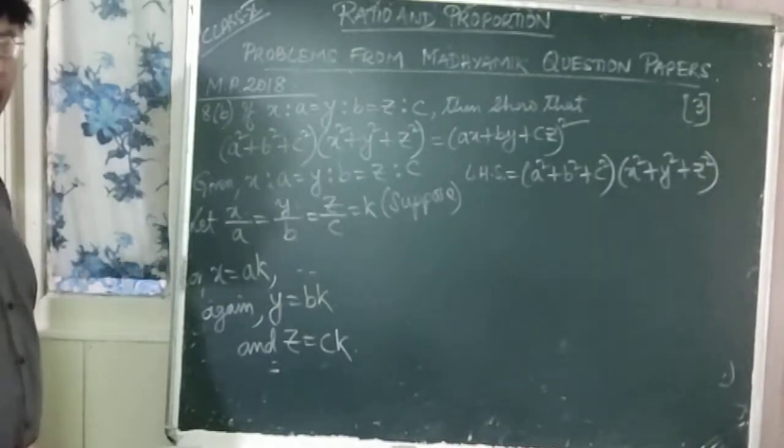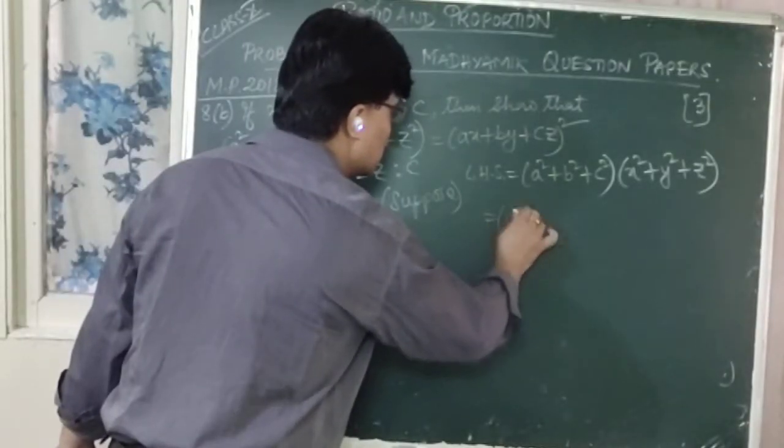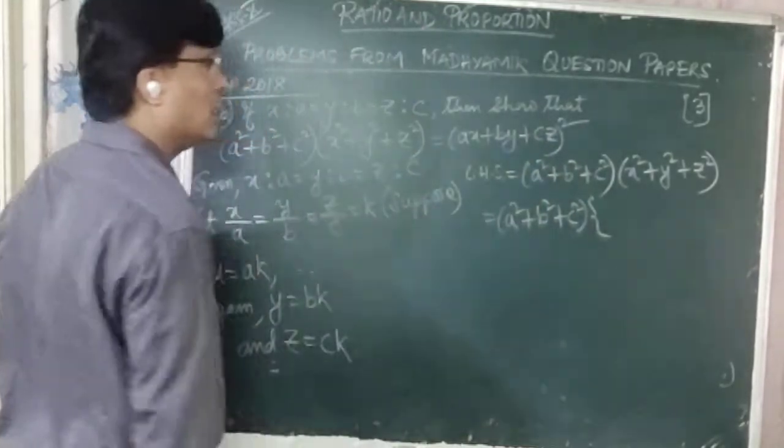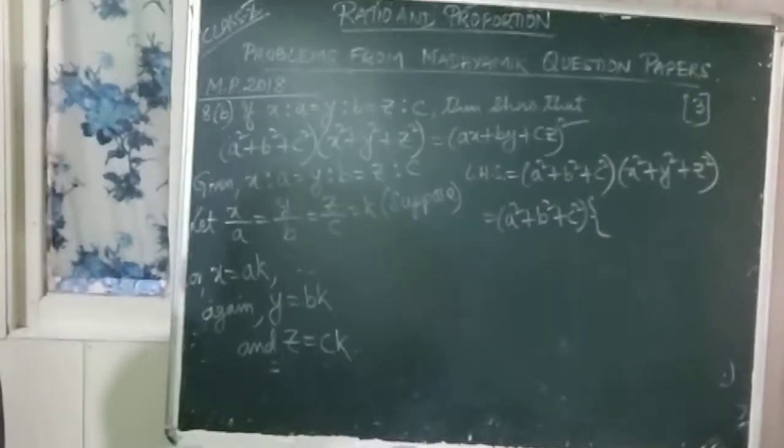So let us put the values of x, y and z in this case. That is, x is equal to ak, y is equal to bk and z is equal to ck. So a square plus b square plus c square is kept as it is.